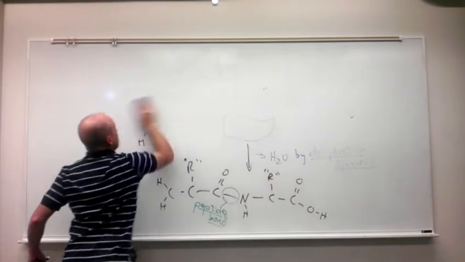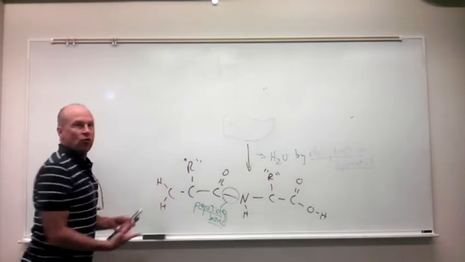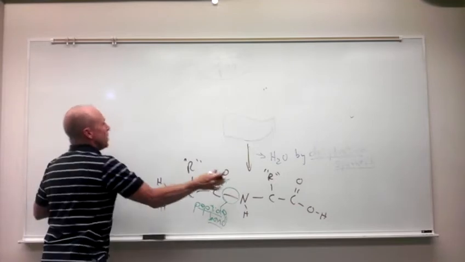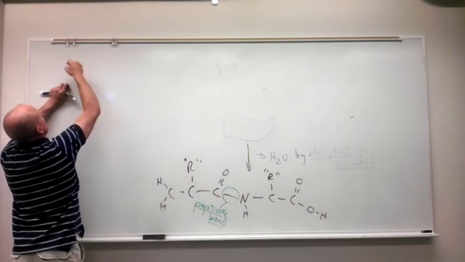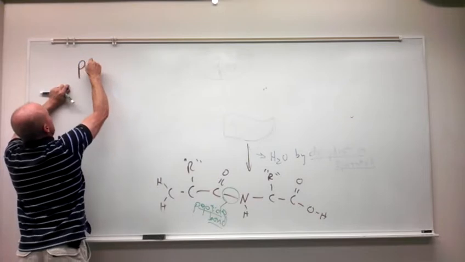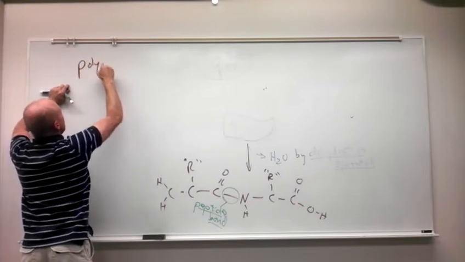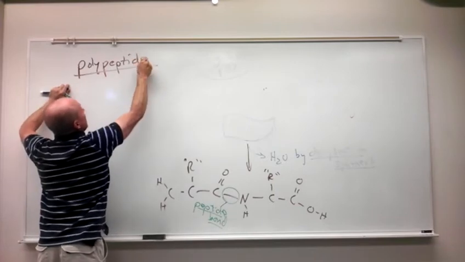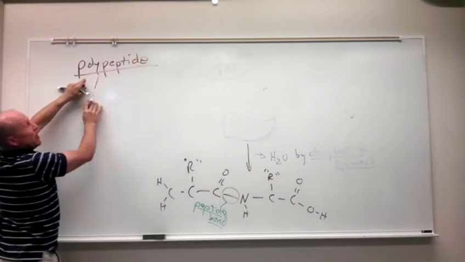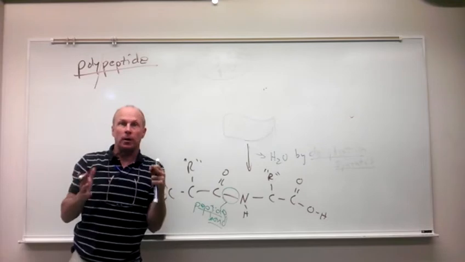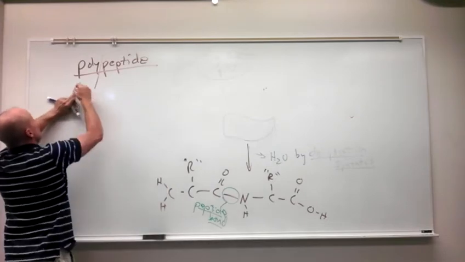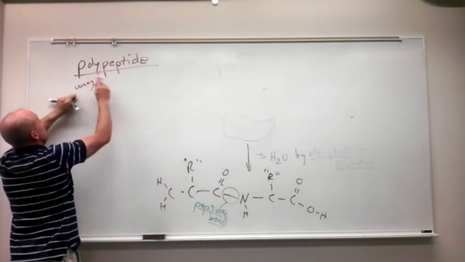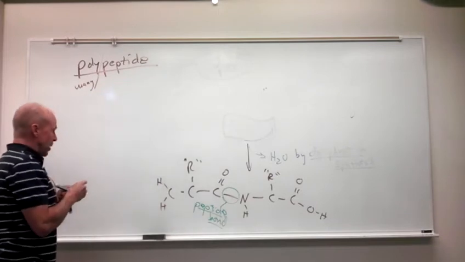All right. I'll leave the bottom in case you haven't caught up yet. So this whole process is going to form what we call and define as a polypeptide. Okay. So the poly part here, whenever you see this in a Latin term, in a scientific term, it's going to mean many. So here we have many peptide bonds.